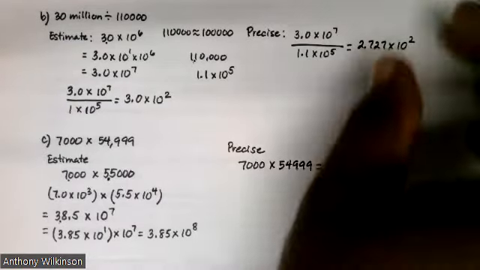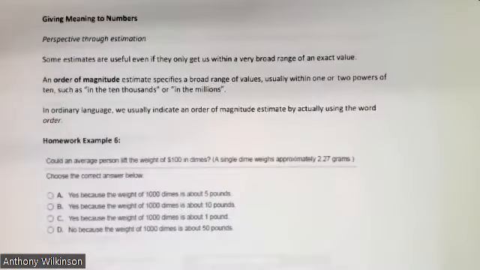All right, next we'll look at giving meaning to numbers. Some estimates are useful even if they only get us within a very broad range of an exact value. Okay.